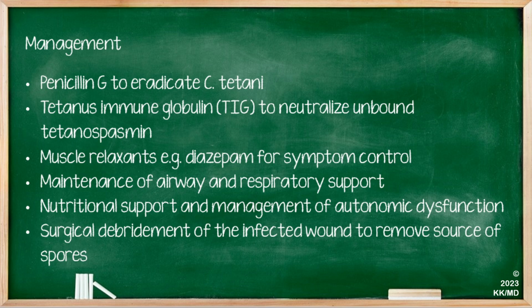And as always, if you're dealing with a disease that could potentially affect the respiratory system, maintenance of airway and respiratory support would be crucial. Also, nutritional support and management of autonomic dysfunction is key. Surgical debridement of the infected wound is also used to remove the source of the spores.